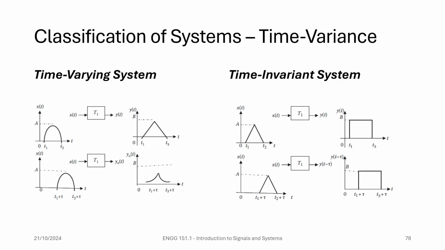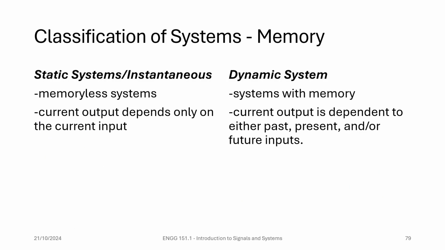However, if we shift the time range from T1 and T2 to T1 plus tau and T2 plus tau, the output is still a rectangular pulse, but the time range is shifted as well, from T1 to T2 to T1 plus tau to T2 plus tau. Sorry, hindi ko masyado nakita. So yun yung kinaiba ng time varying system sa time invariant system. Again, we're just going to talk about linear time invariant systems in the next chapters.